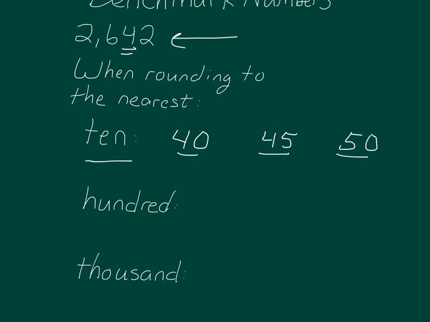When rounding to the nearest 100, we will use different benchmark numbers. The number in the hundreds place is 600. So the benchmark numbers are 600, and the next 100 number, 700. The number halfway between those is 650.